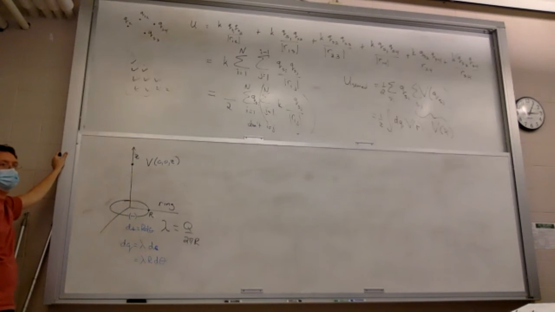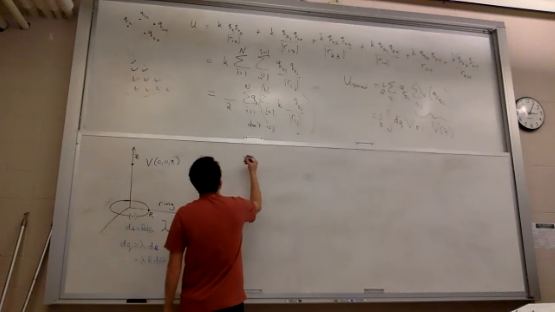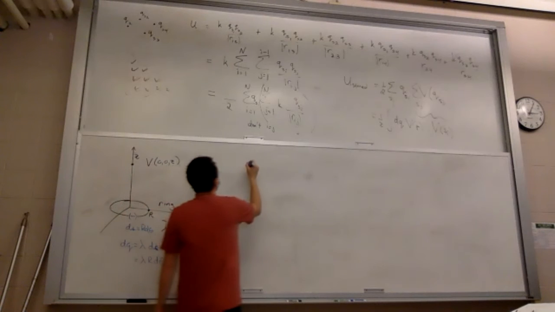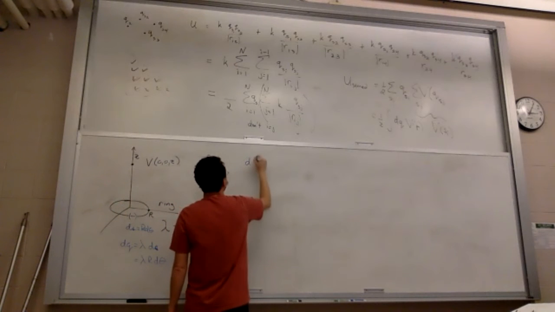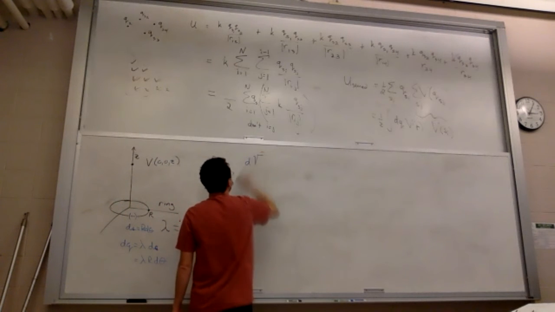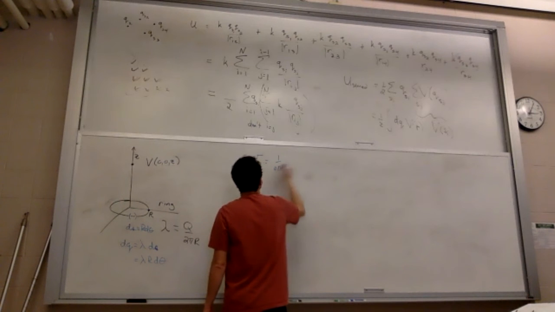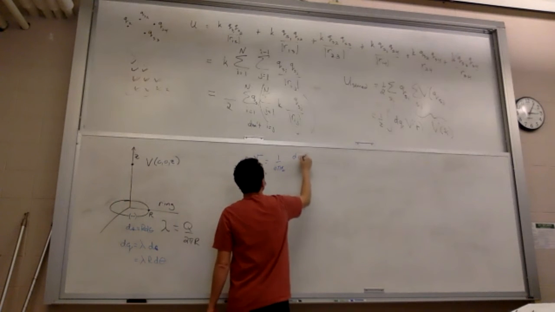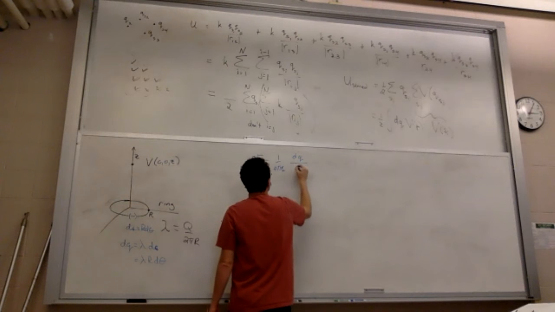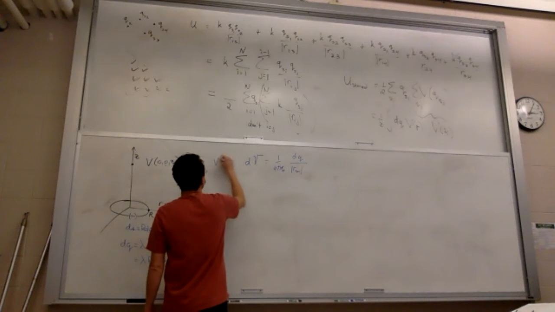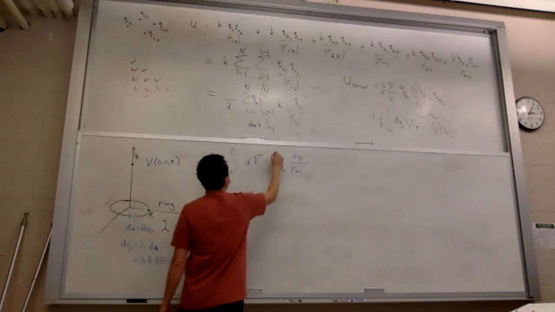Okay? This is just like what we did in electric fields. And then I'm going to say, oh, well, it's like a little point charge. It's going to create a little bit of potential. So I'll call that dV, which is 1 over 4 pi epsilon naught times dq over r_SO to the first power. And so therefore V is that integrated.